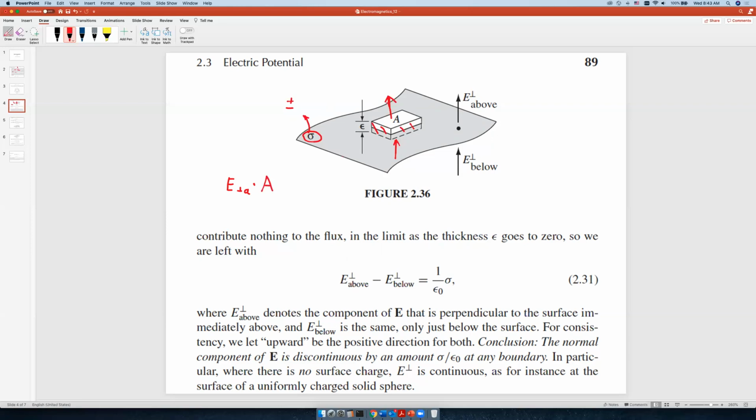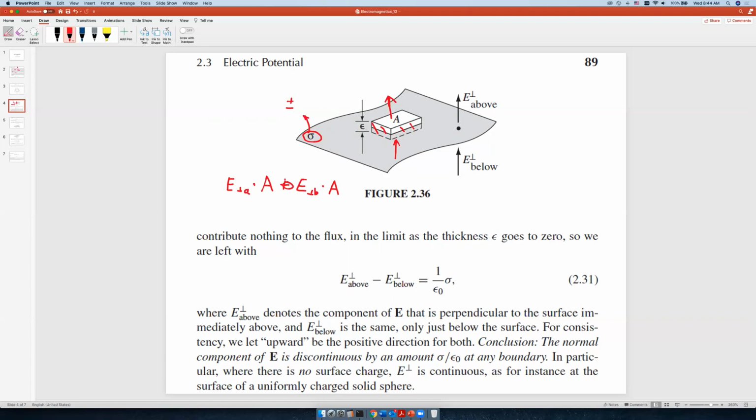The electric field line is going up, which is perpendicular to the surface A. So E times A plus E perpendicular below times A. But the direction of E is going up, whereas the direction of the normal at the bottom surface of the pillbox is going down.